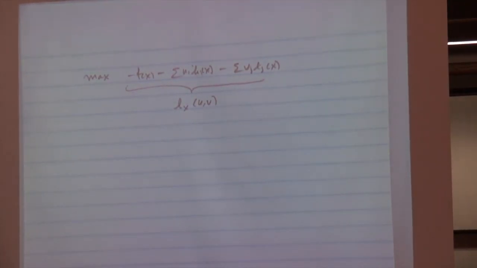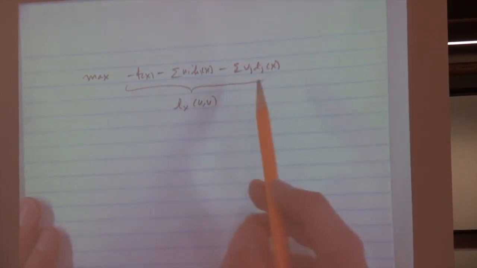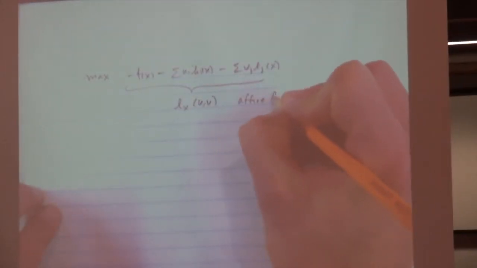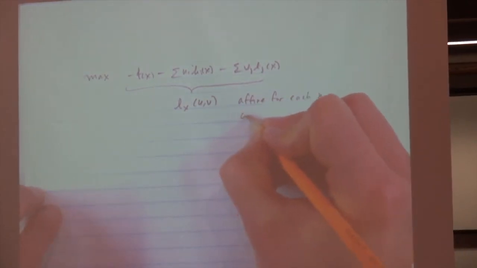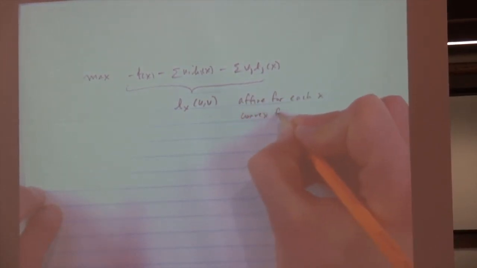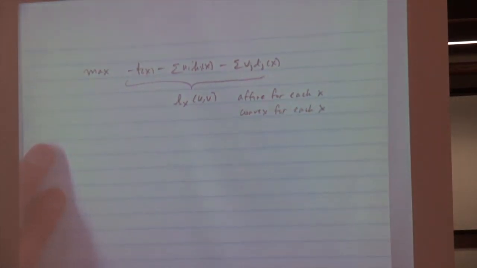It's just an affine function, right? That's all it is. The appearances of u and v just appear in these sums. So this is affine for each x, and hence it's convex for each x, right? Affine functions are always convex.